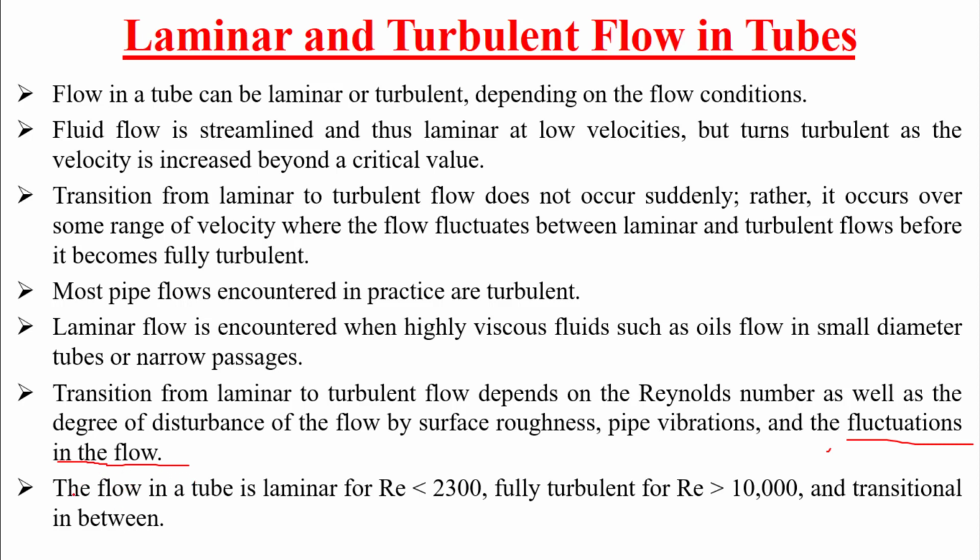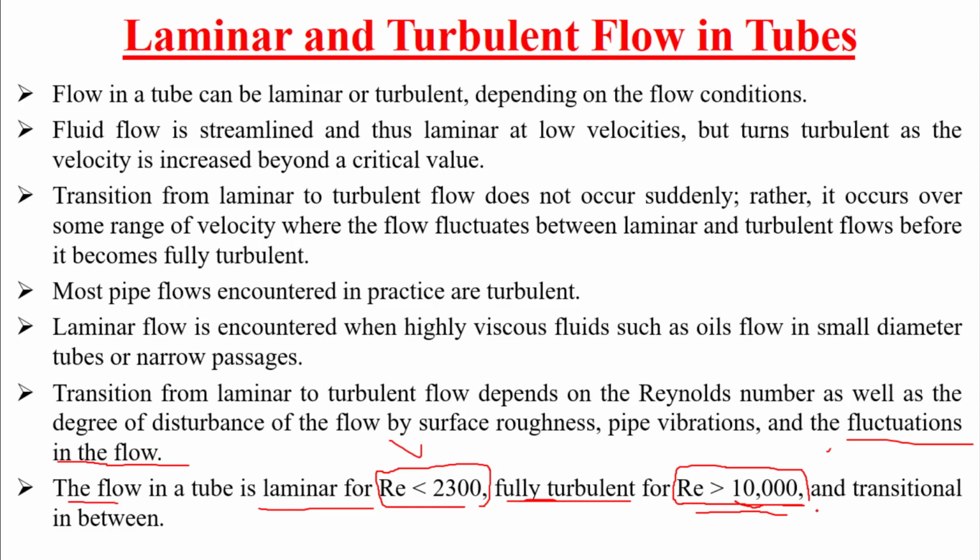The flow in a tube is laminar when Reynolds number is less than 2300. But it becomes fully turbulent when Reynolds number is greater than 10,000. But usually we are not going to deal with this range. So this range is acceptable for laminar, but for turbulent we'll go lower than this value.